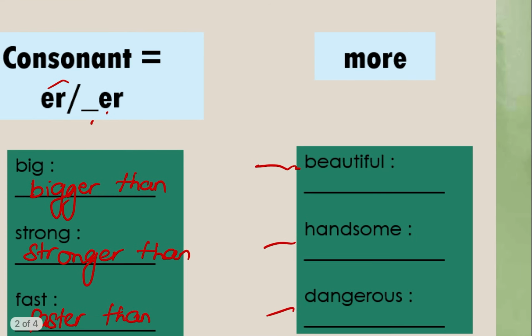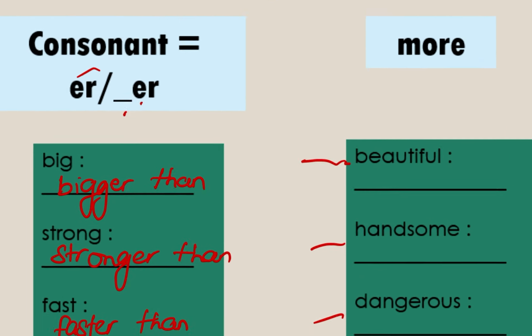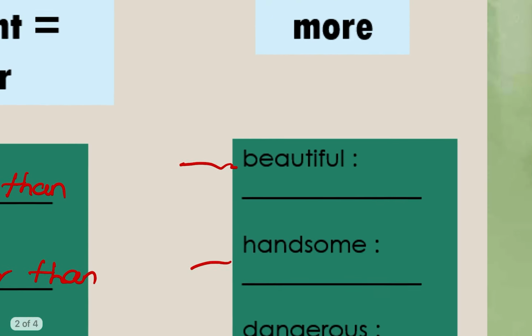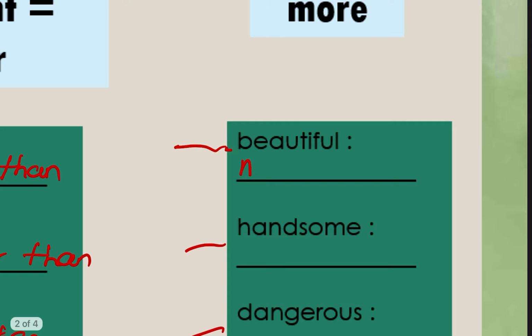Now the last one is more. As I've said before, more should be put at the front, and the spelling of the adjective you shouldn't change. So the correct phrase for using more is more beautiful than.